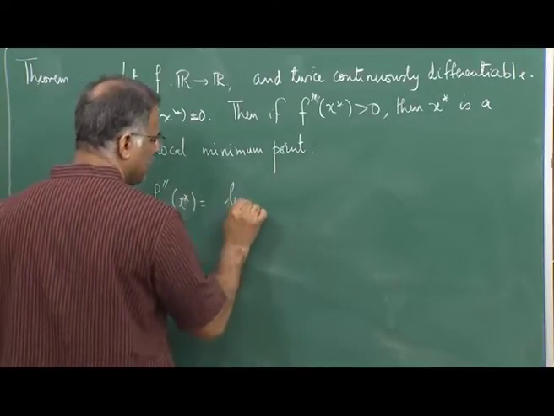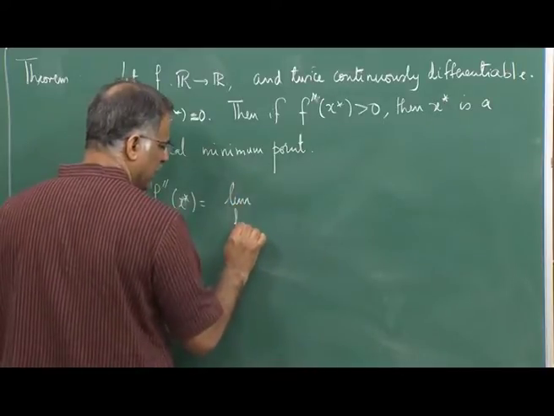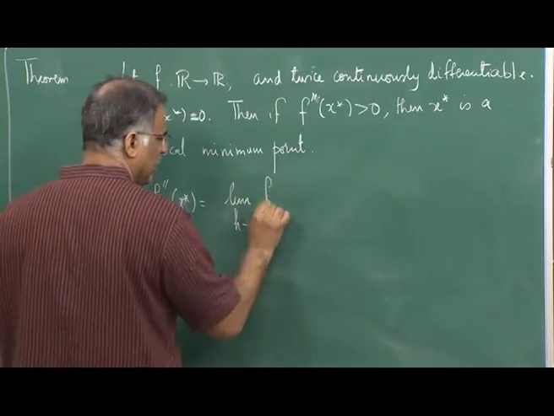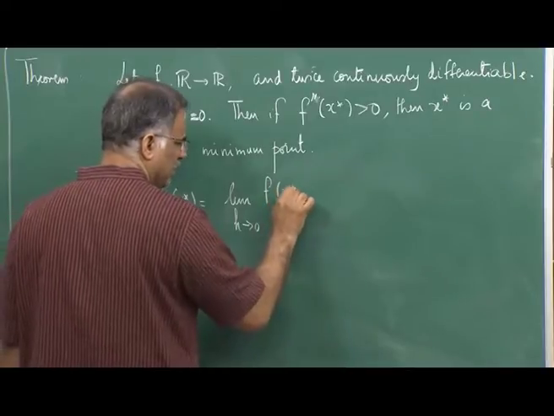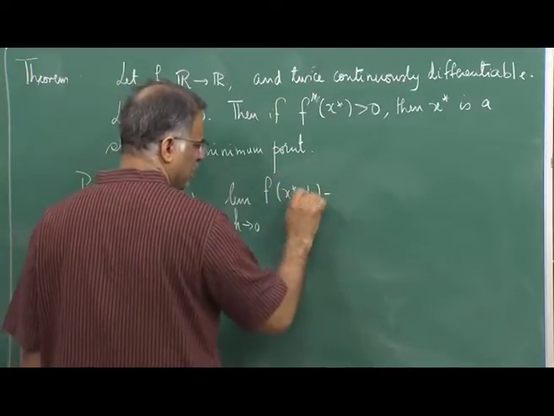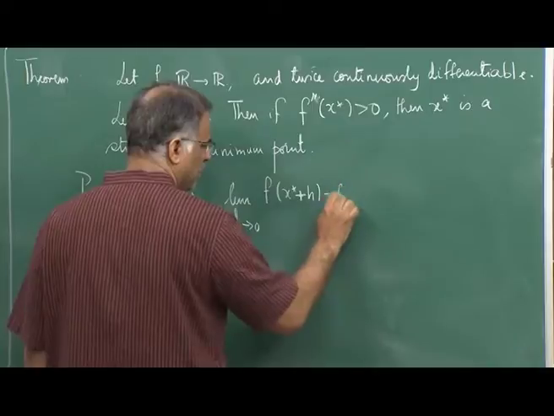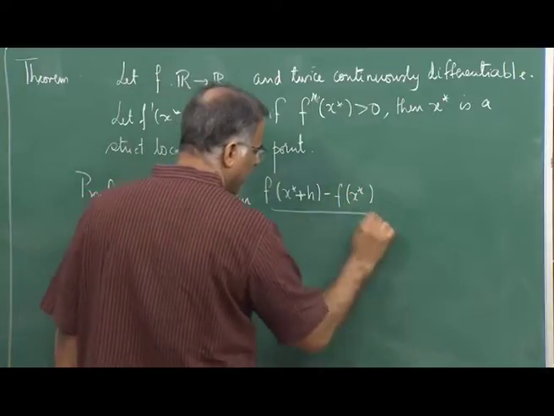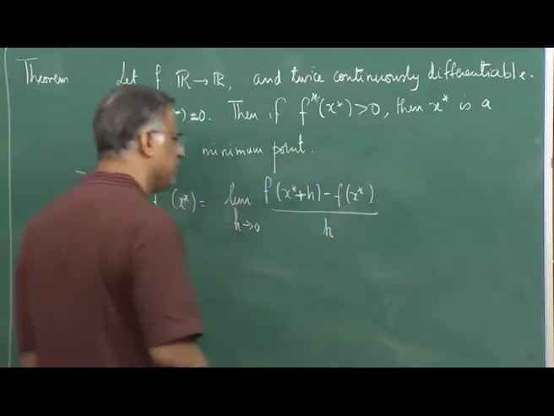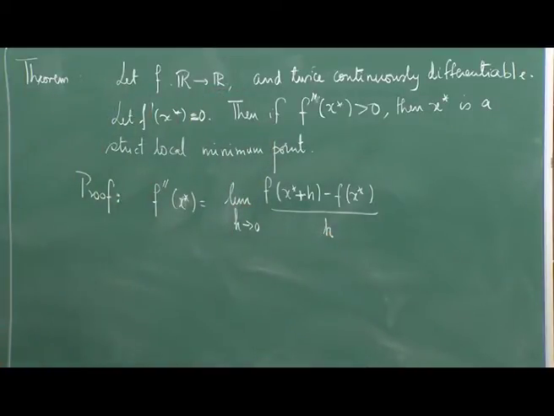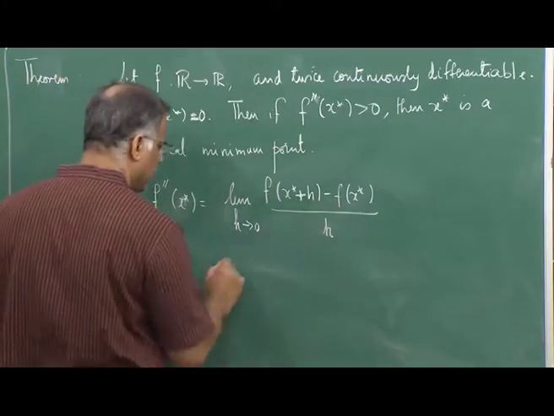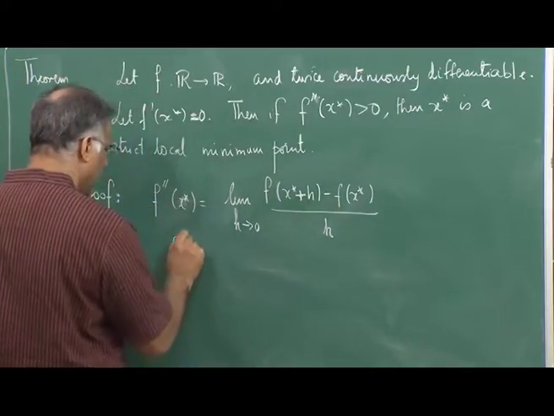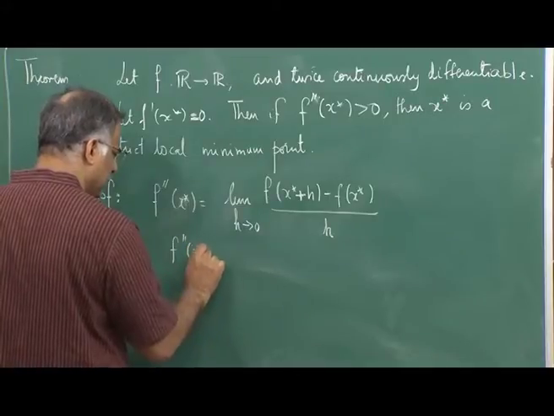So, that is the limit as h tends to 0 of f of x star plus h minus f of x star by h. Now, f of x star is equal to 0, and f double dash x star is greater than 0.